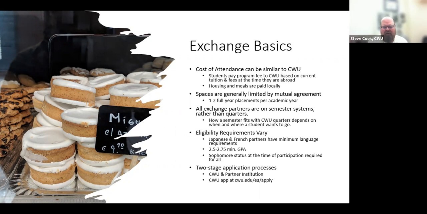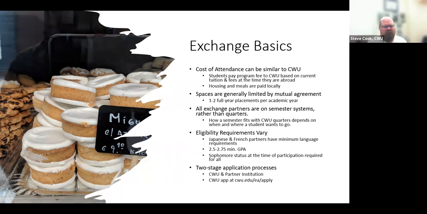Our CWU applications are all web-based, and they're at that address, cwu.edu/EA/apply. And you can log in with your CWU credentials.